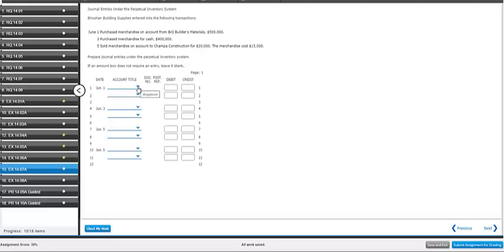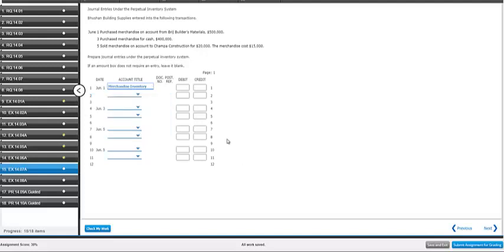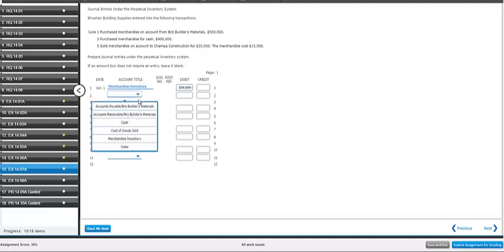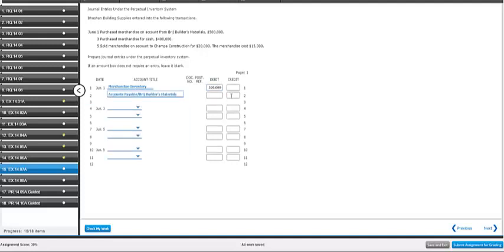Under the periodic method, we would have debited purchases, but this is perpetual where the merchandise inventory account is active. So we are putting the $500,000 in inventory directly into our merchandise inventory account. And it was on account, so that would be accounts payable because we are purchasing.